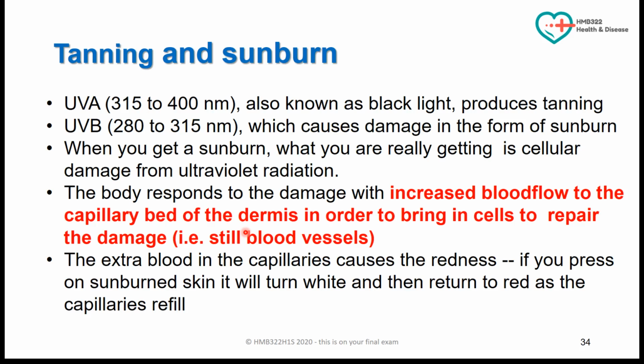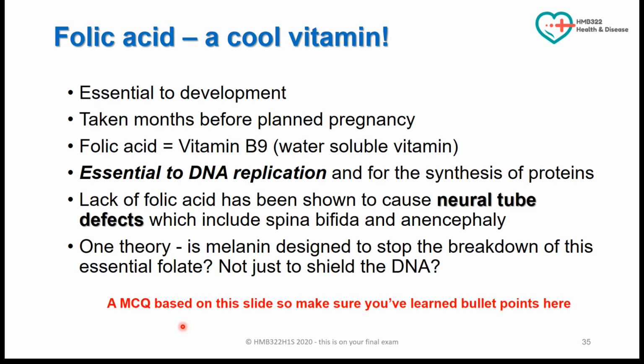All the blood has flowed out, and then it comes back to being red because blood flows back in. So it's literally you're damaging your skin, and as a result, there's increased blood flow to that particular area, which is why your skin looks red. So this extra blood causes that redness. But please don't hit your friends if they have a sunburn, because it's really not a nice sensation.